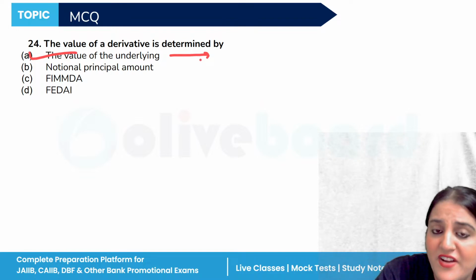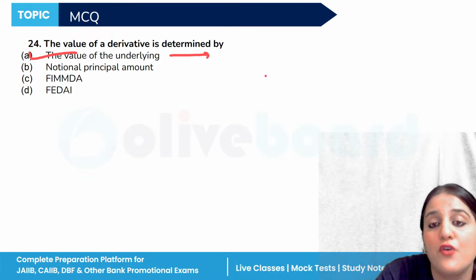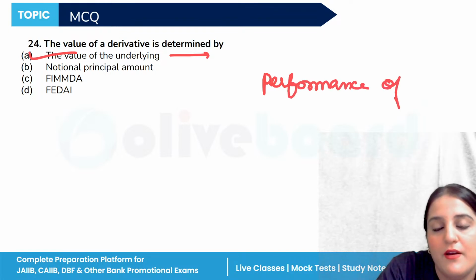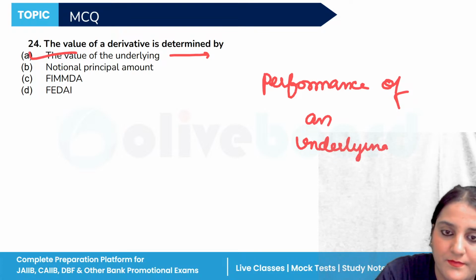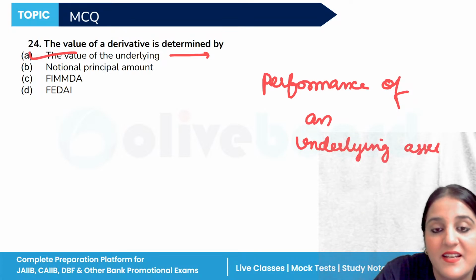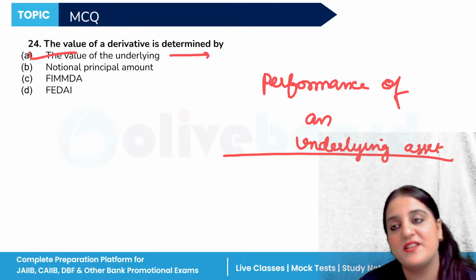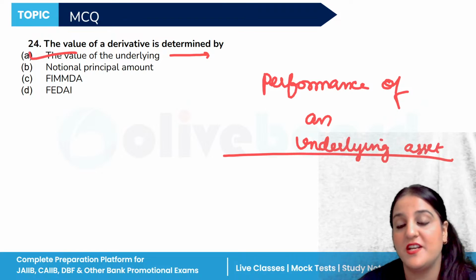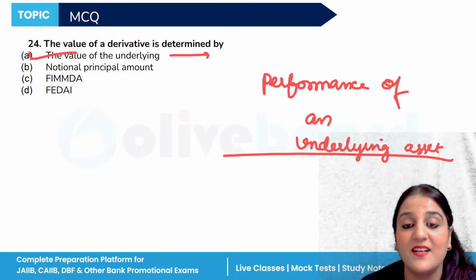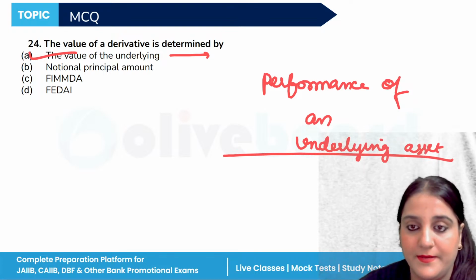Derivatives are financial instruments whose value is derived from the performance of an underlying asset. These underlying can be stocks, bonds, commodities, interest rates, and currencies. For example, the value of a stock option is determined by the price of the underlying stock. So that's why option A is correct here.